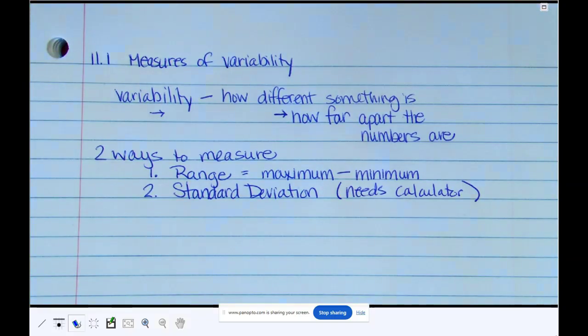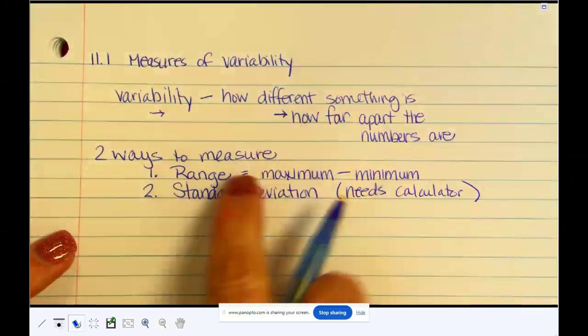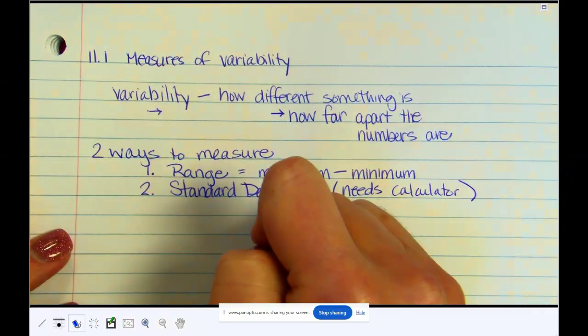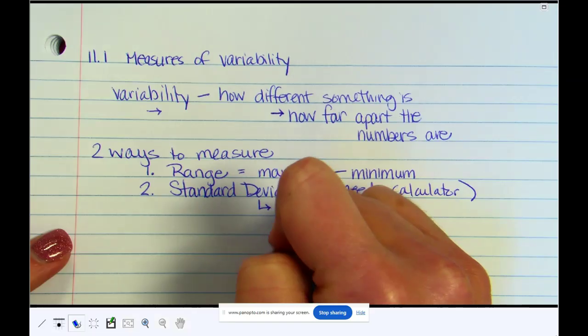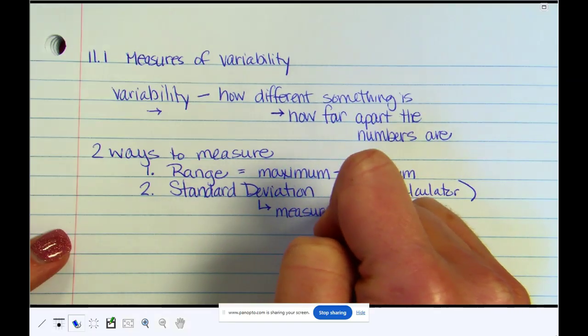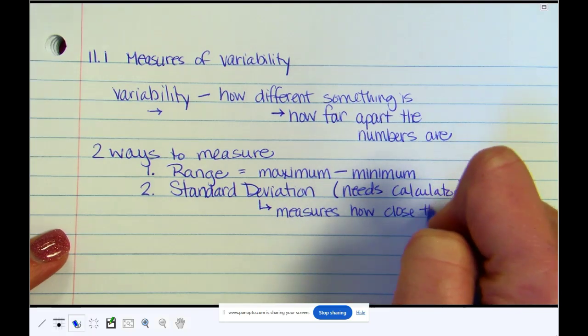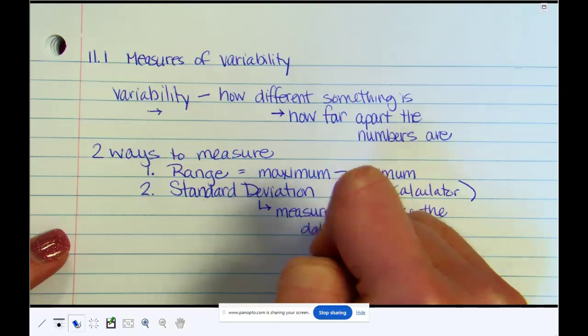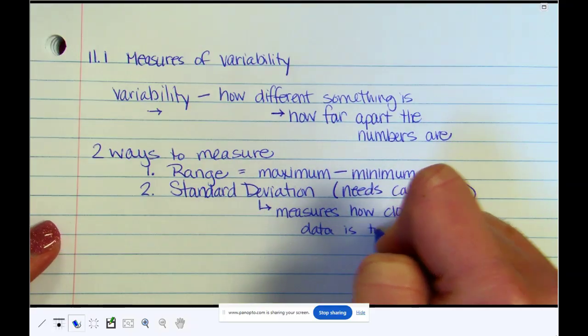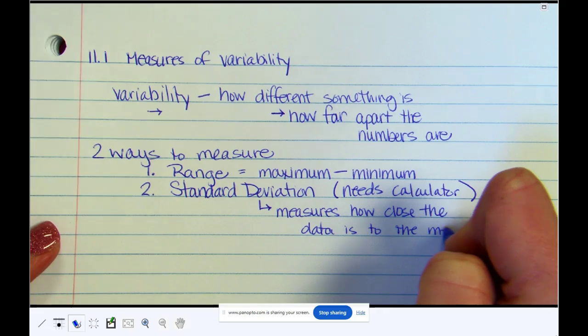We're not going to learn it because our calculator will do this for us. Range is maximum minus minimum. Standard deviation measures how close the data is to the mean or average.